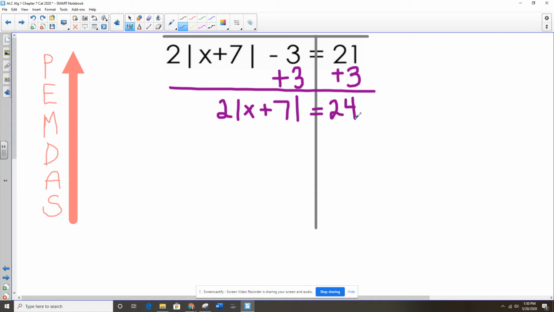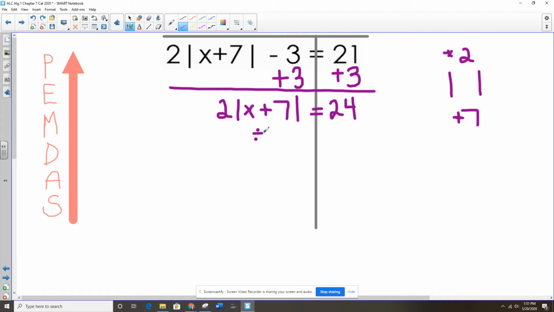All right, now you have to decide, are you getting rid of the times 2 next, the absolute value next, the plus 7 inside? Which one of those is going next? Imagine you're working from the outside in, trying to infiltrate into the absolute value. Which one would you do first? The correct answer is you're going to undo the times 2. How do you undo times 2?